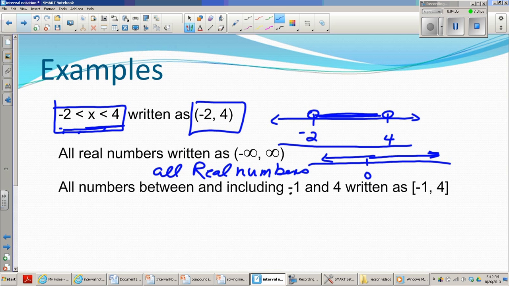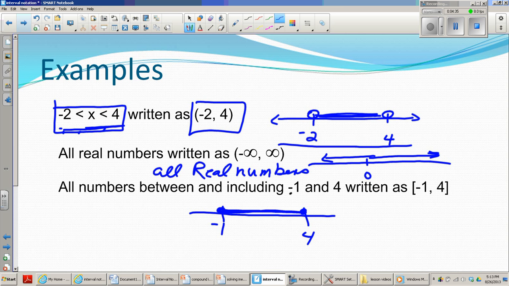If we were to write this in words for interval notation: all numbers between and including -1 and 4. Let's again do the graph first, so we can visualize that. -1 to +4, since it is between and including, those would be closed circles and shaded between.